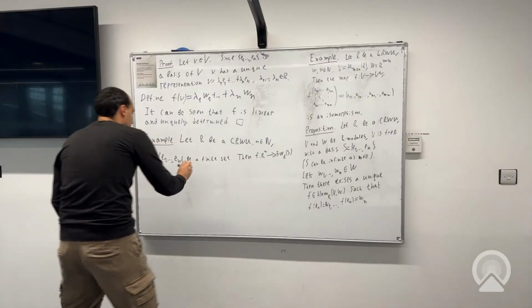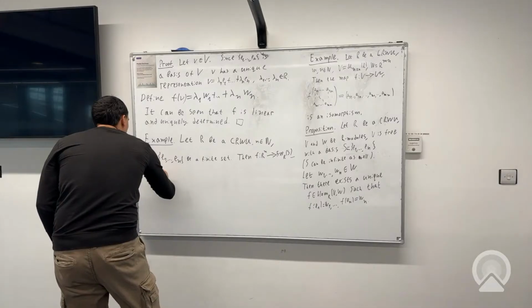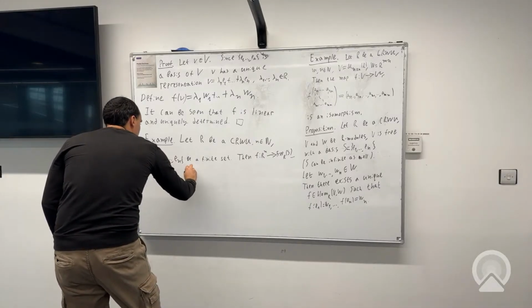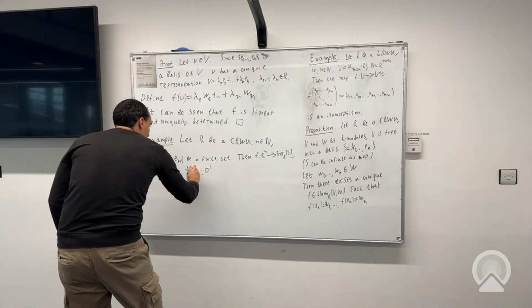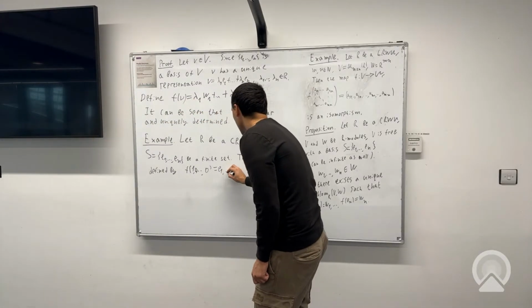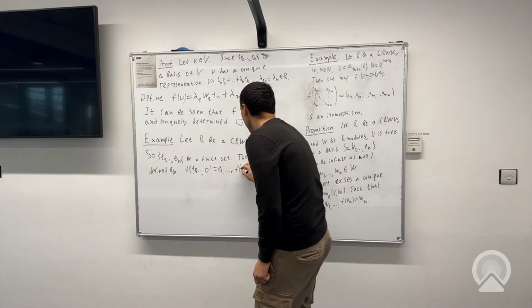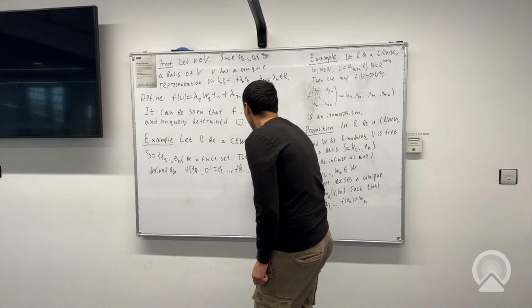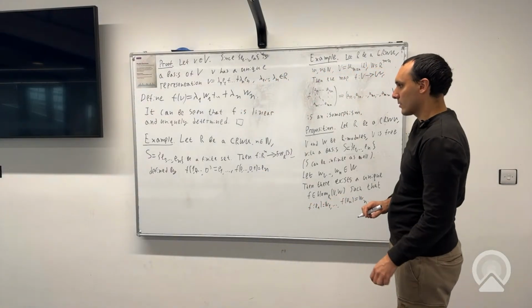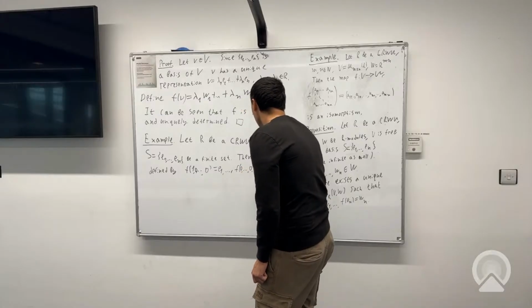F defined by F of 1, 0, 0 equals E1, F of 0, 1, 0 and so on, and F of 0 to 1 equals En.